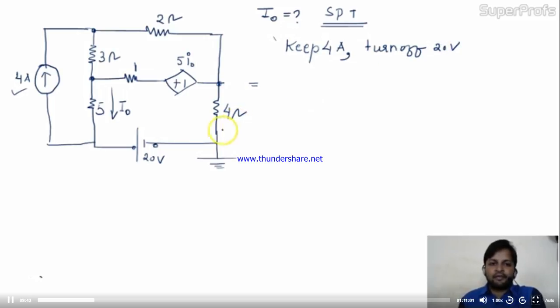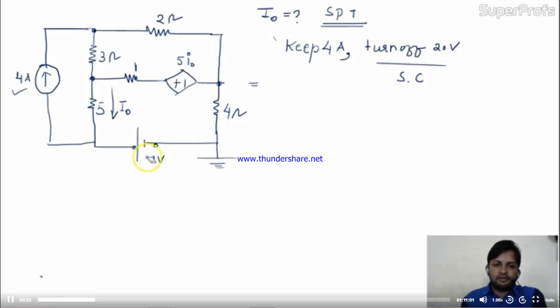Is it okay? So how to turn off? We'll make it short circuit. So in this figure only I'm doing this. I have to short circuit it. This is the short circuit.